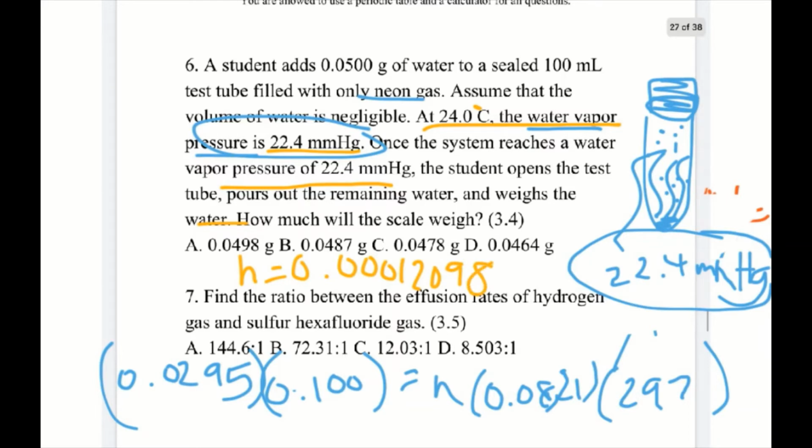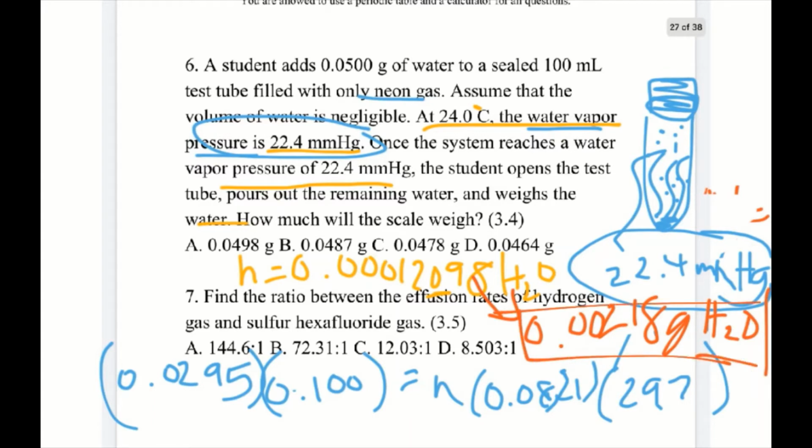And let me just underline the third sig fig because we have to keep track of sig figs. And this is the moles of water, but we want the grams of water. So we multiply the moles of water by the molar mass to get the grams of water. So multiply this by 18.02, and we get that a total of 0.00218 grams of water evaporated.